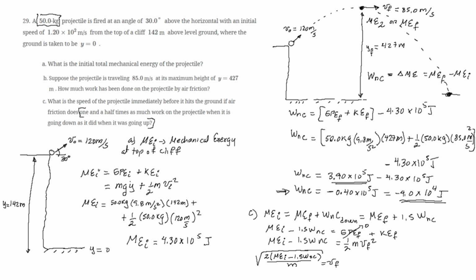So we're going to get that v final is the square root of 2 times the mechanical energy initial, the mechanical energy at this point that we found in the previous question, 3.90 times 10 to the 5 joules, minus 1.5 times the work of the non-conservative force, 0.40 times 10 to the 5th joules, which I put positive. All of this is divided by the mass of the body, 50 kilograms.